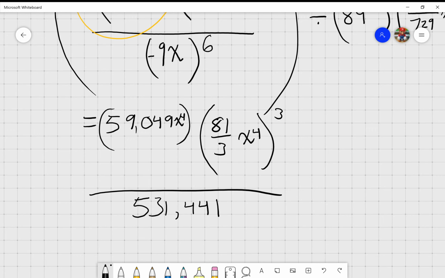Okay, and we have x to the power of 6 as we have the power rule again. Imagine this is a 1, multiplied by 6, we get 6. Okay, now we can solve all of this.